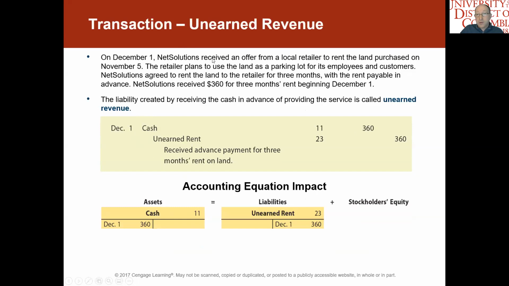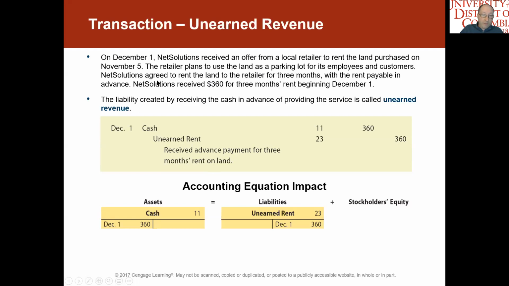Retailer plans to use the land as a parking lot for employees and customers. The company agreed to rent the land to the retailer for 3 months. And then the retailer prepaid the rent to us, the company, for 3 months, $360, beginning on December 1st.